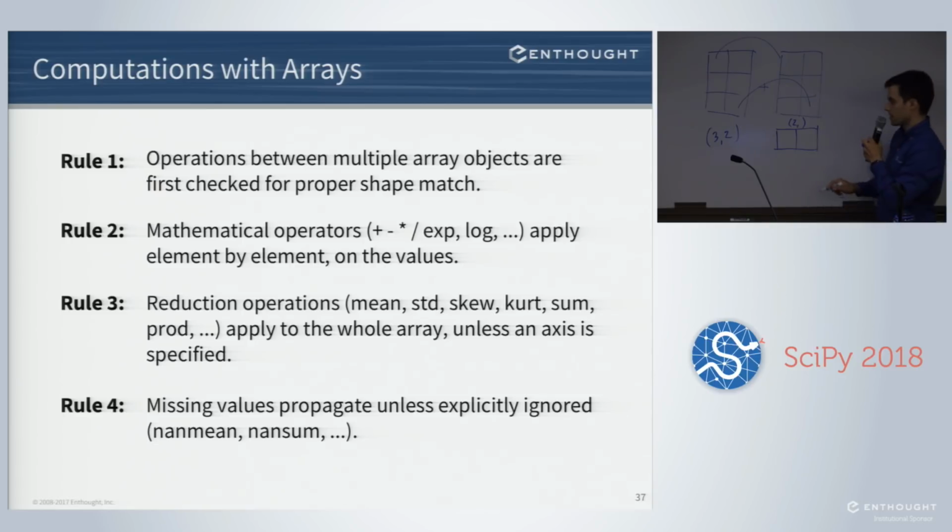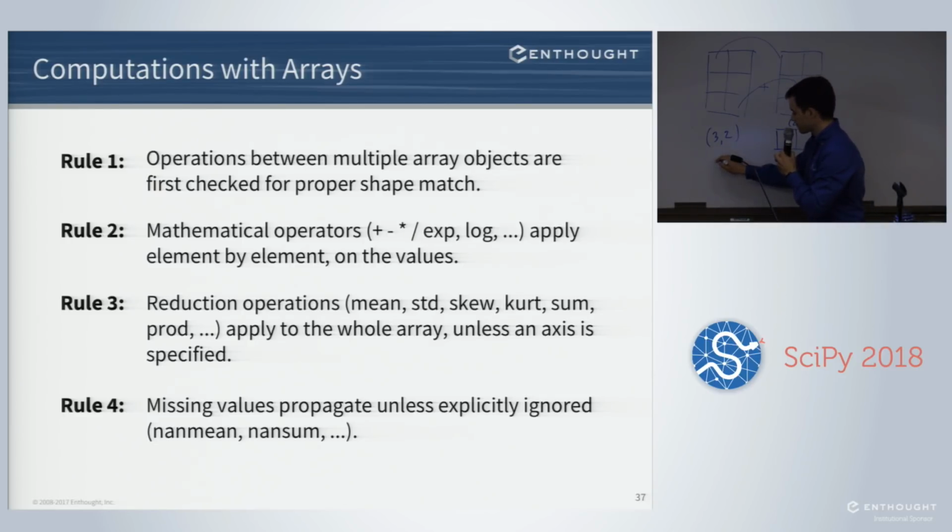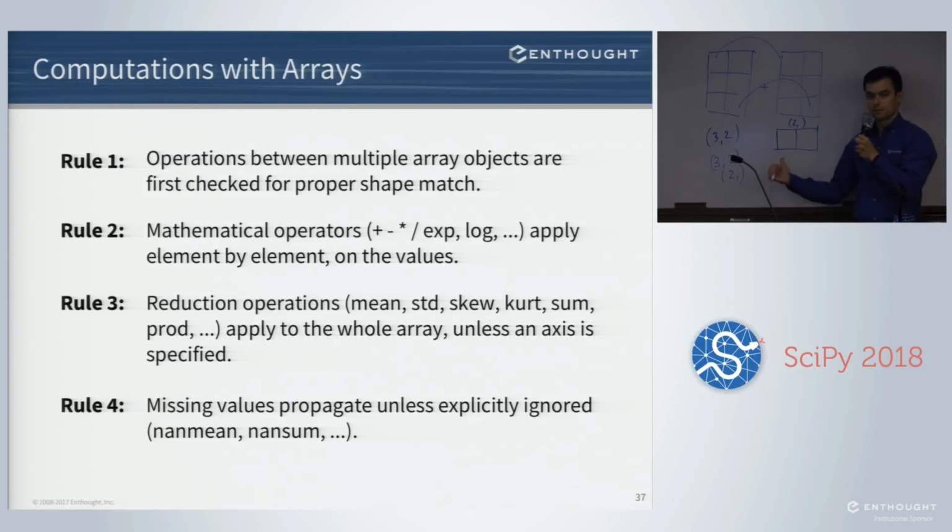What's going to happen here is NumPy is going to think of them as aligning those two shapes starting from the right-hand side, and then it's going to broadcast this array so that the row here gets subtracted from each row in the original array. Or added, in this case.